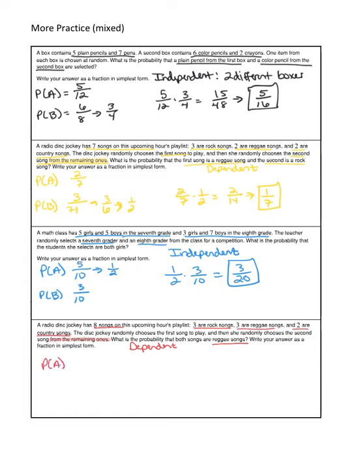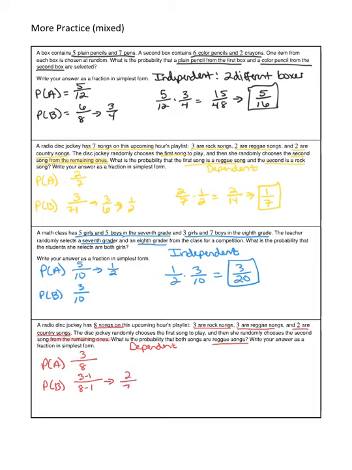Probability A: how many total songs are there? 8. How many are reggae? 3. The second probability: how many songs are left? 8 minus 1, because they played one song. How many reggae songs are left? 3 minus 1, because both songs need to be reggae.